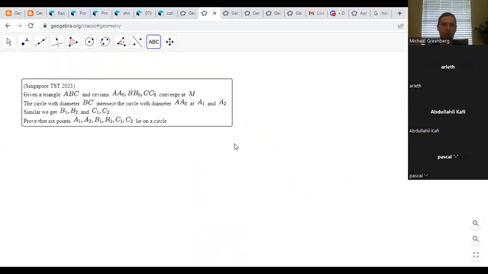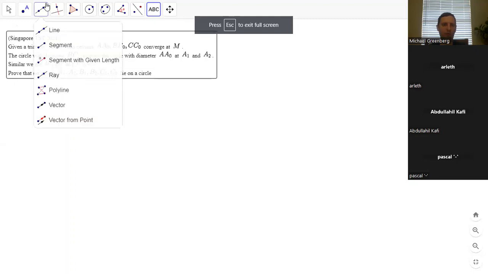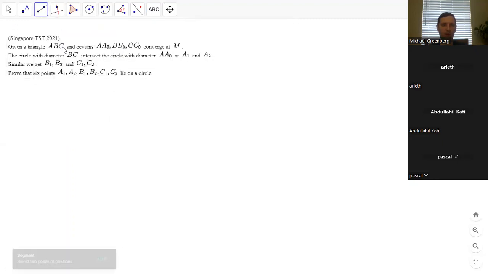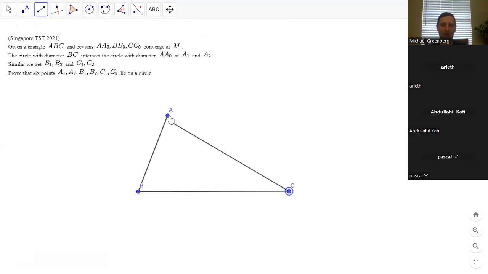Let's try this one. So we have a triangle ABC and we have 3 Cevians. I don't really like the notation of this problem, but I'm going to go with it. So we have A naught, B naught, and C naught. I don't think we need to draw all of them.